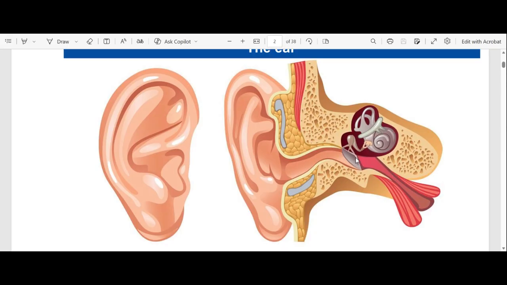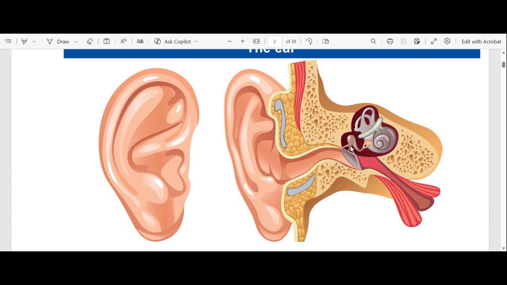Then in our middle ear, we're starting with our tympanic membrane, as I said, that forms part of the outer ear and our middle ear. I hope that makes a lot of sense, right? Then our tympanic membrane here is connected to the three smallest bones in the body.